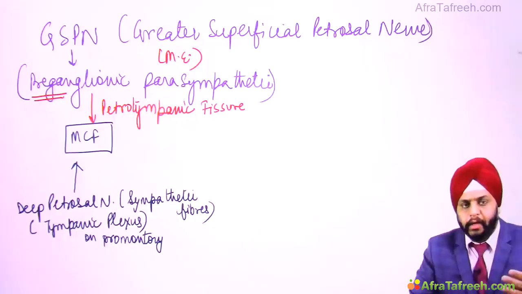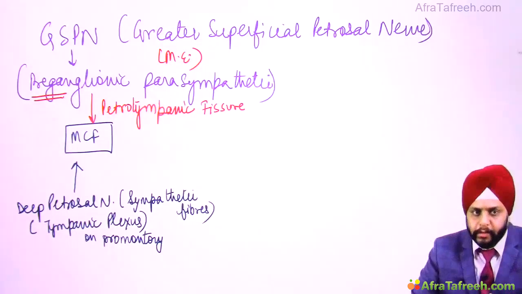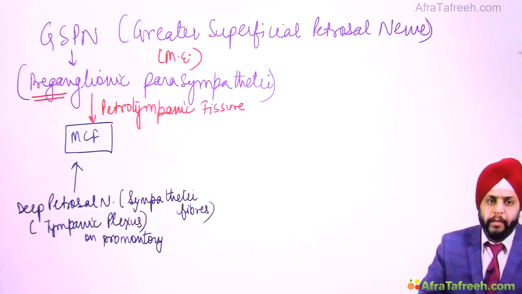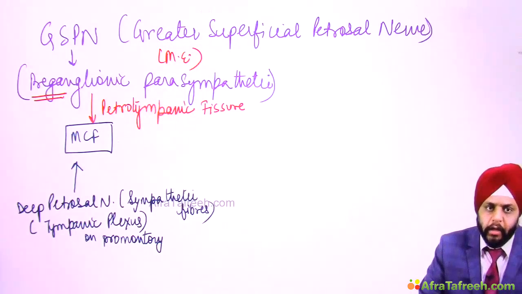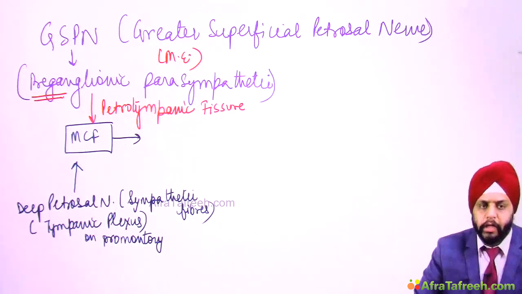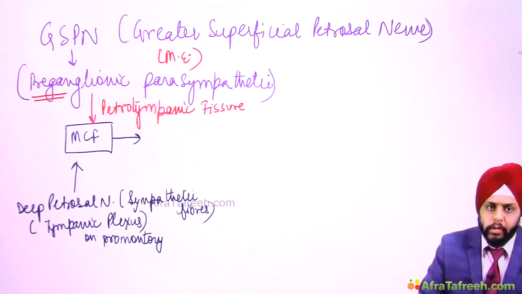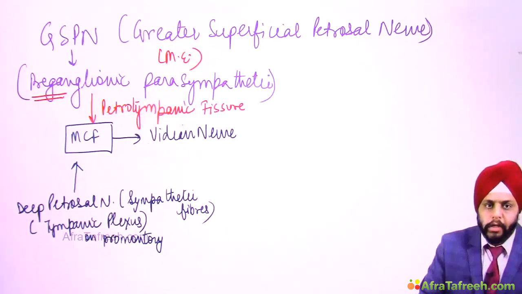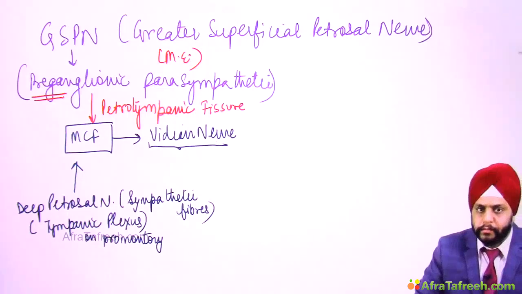She has parasympathetic fibers, he has sympathetic fibers. Okay, so both of them, they fall in love with each other and they get married. Okay, so they get married and now they are known as Vidian nerve.